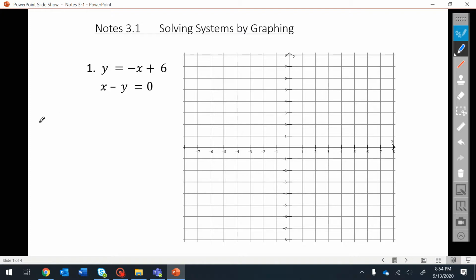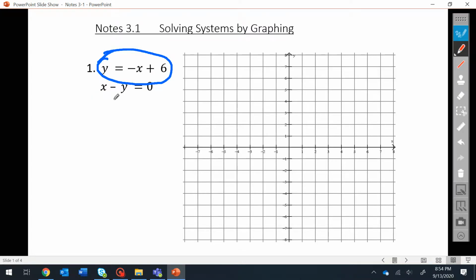The first one is in slope-intercept form, so I can go ahead and keep it as it is and graph it when the time comes. The second one, however, is not in slope-intercept form, so I'm going to have to get it into slope-intercept form.